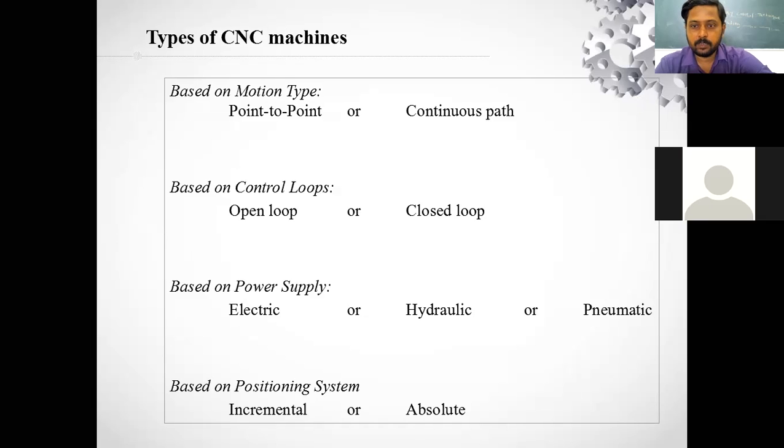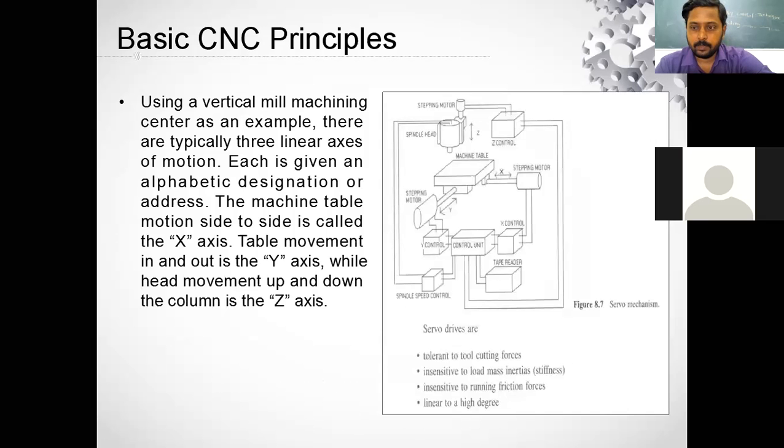Different types of CNC machine classification we have discussed. Then basic CNC principles, how CNC is going to work, how the movement in different directions like X and Y and Z is controlled or manipulated by using stepping motors, servo motor, or different types of controls that we have discussed.